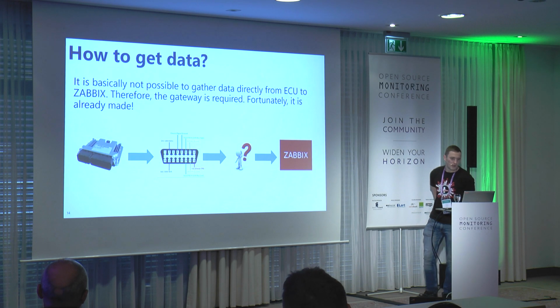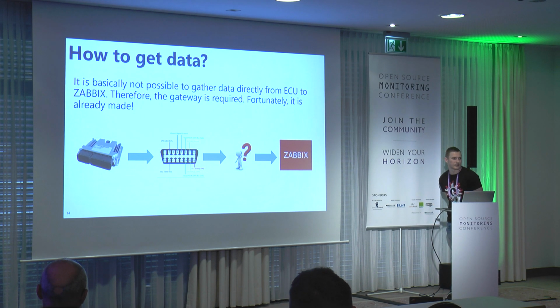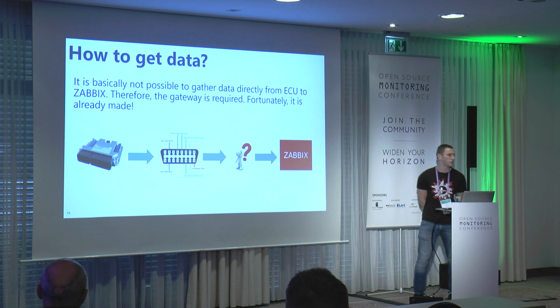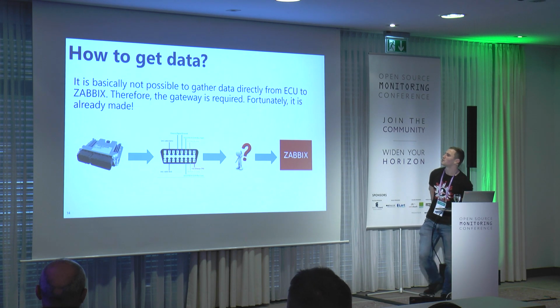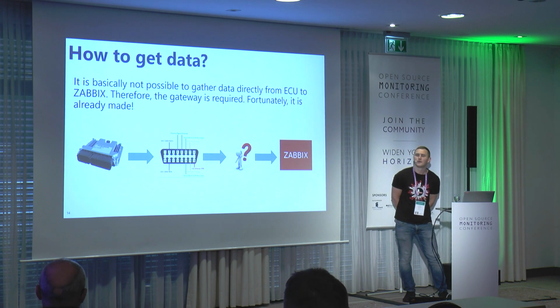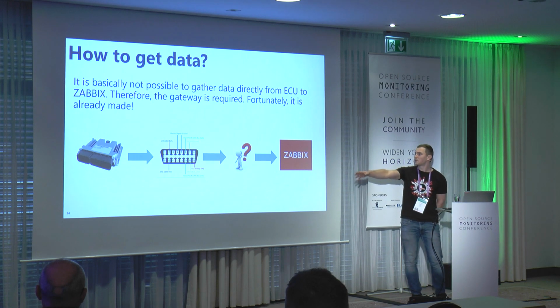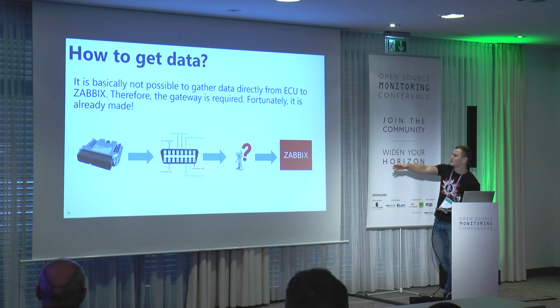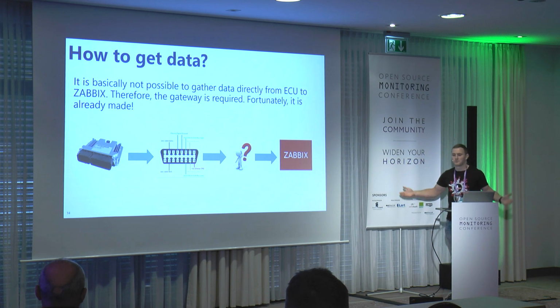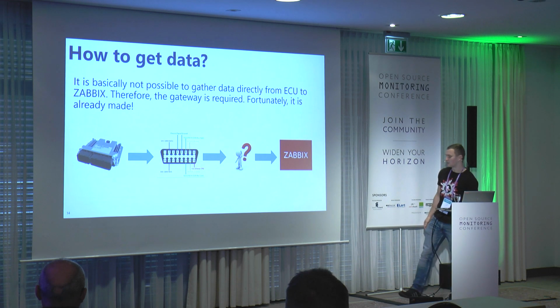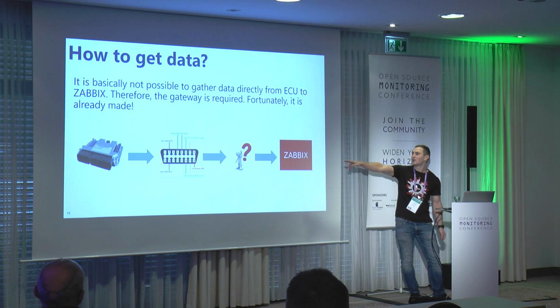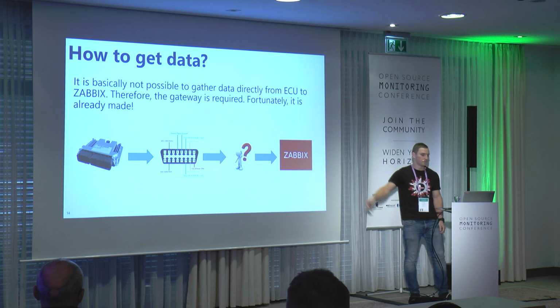Then, how can we actually get this data? Okay, we know that the ECU knows it. We talk about some diagnostic software and wires, but we need to get the data, for this example, inside Zabbix. And yes, there is an ECU, yes, there is an OBD2 plug, and there is Zabbix. What to do with it? Not clear. So we need to find something that will be able to plug in here in the middle.